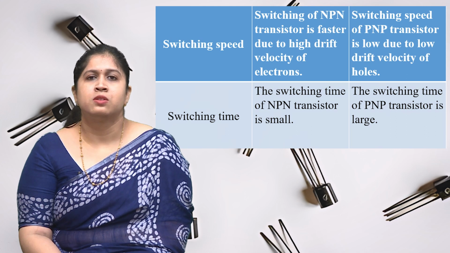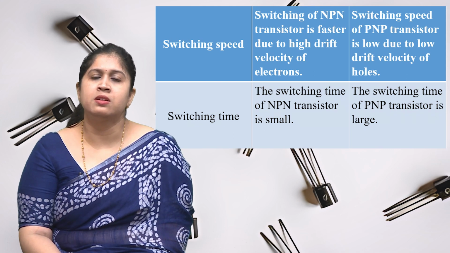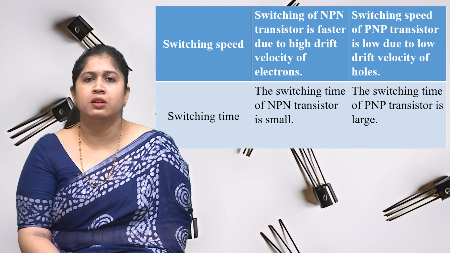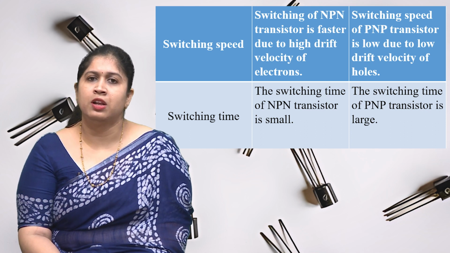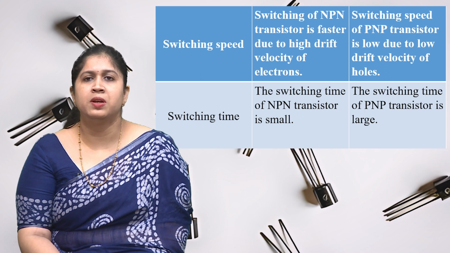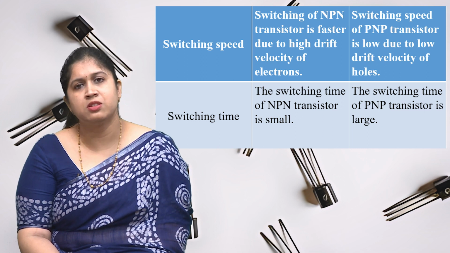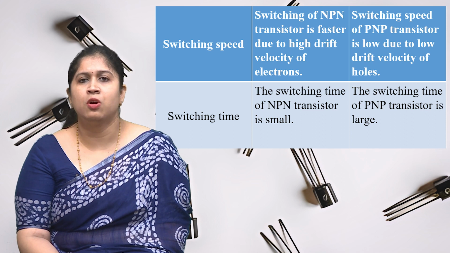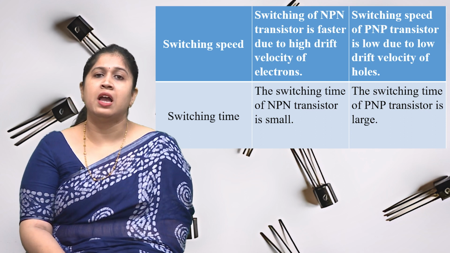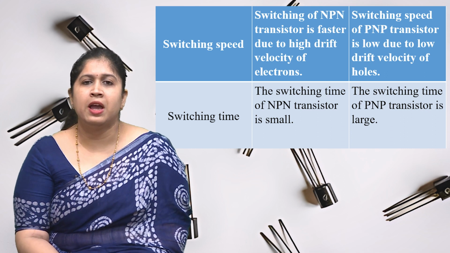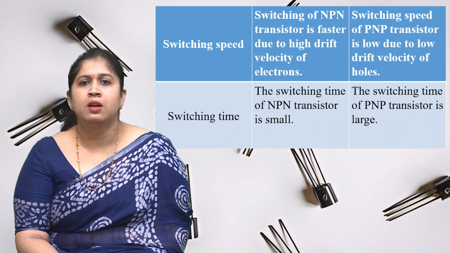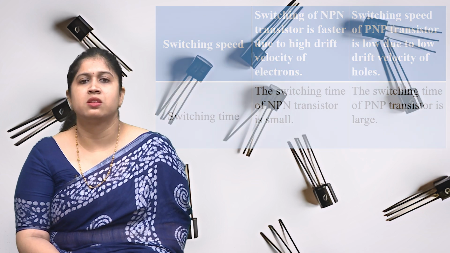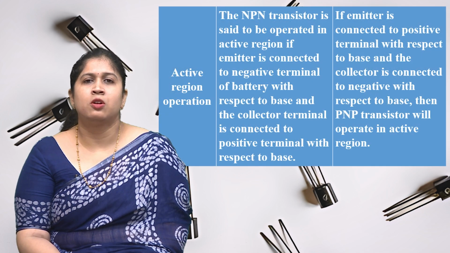Switching speed. Switching of NPN transistor is faster due to high drift velocity of electrons. Switching speed of PNP transistor is low due to low drift velocity of holes. Switching time. The switching time of NPN transistor is small, but the switching time of PNP transistor is large. Active region operation.